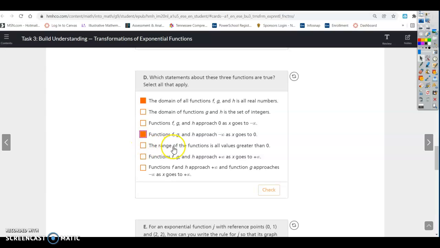And it says the range of the functions is all values greater than 0. That one's not going to be true because when you reflect it across the axis, the one that got reflected is not going to be greater than 0.